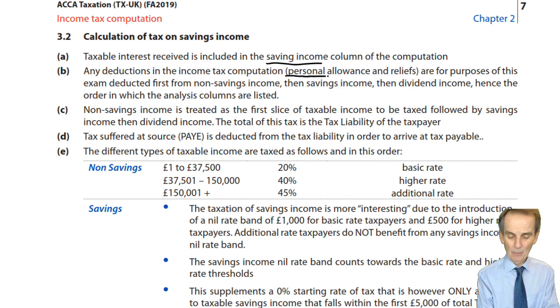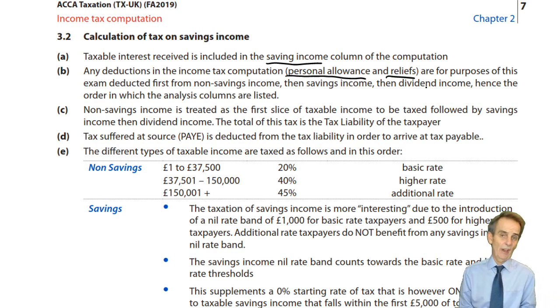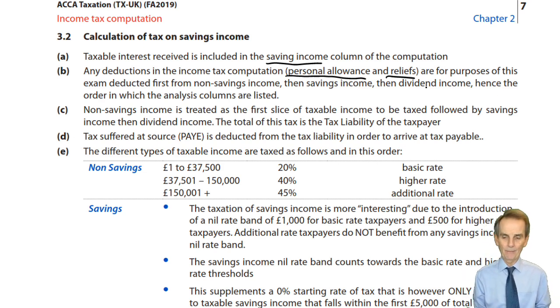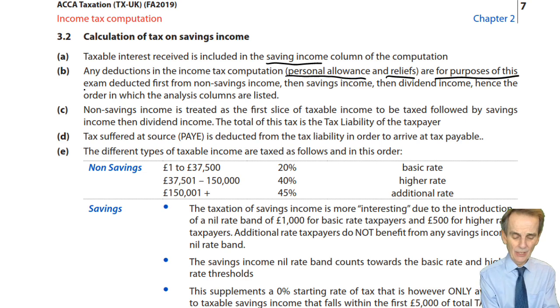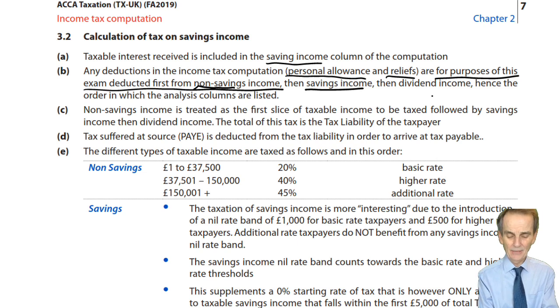Those are your personal allowance and before that various reliefs, like the qualifying loan interest, whatever that might be, and various trading loss reliefs. Those deductions are made again on the income tax computation, and again, as we've said, for purposes of this exam, they are deducted firstly from non-savings income, then savings income, finally dividend income.